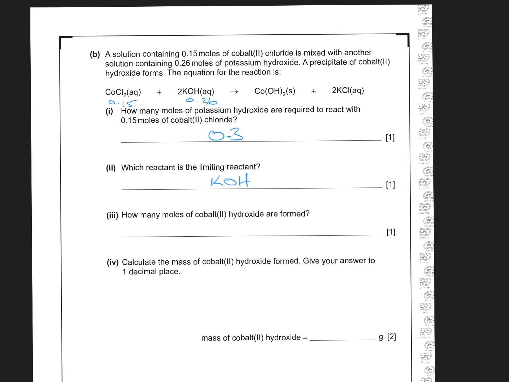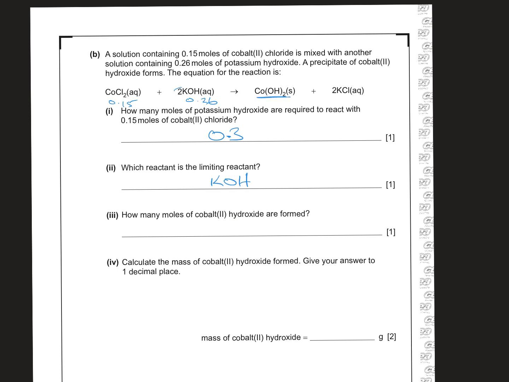Part 3, how many moles of the cobalt 2 hydroxide are formed? So in this type of question, you always use the limiting reactant to determine the product. So I'm going to use this value here, not this one. This is excess. So this is limiting. So we're going to work out the moles of copper hydroxide, which is this one here.